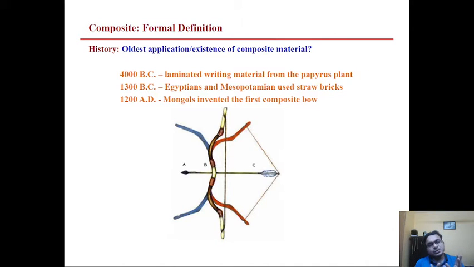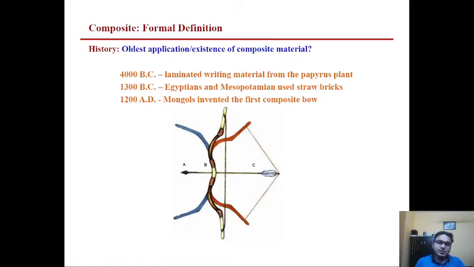Now we will go into the history of composite materials. Composites are not something very new to human culture. They have been used for a very long period. If we go into the past, these are a few applications shown here.